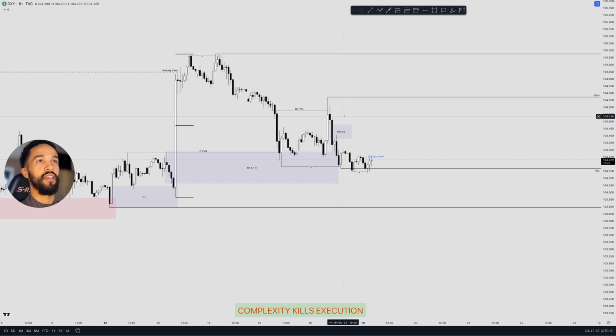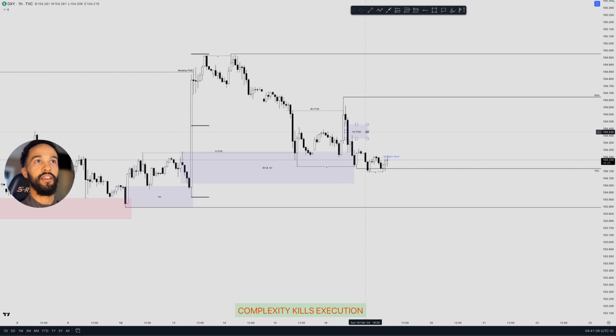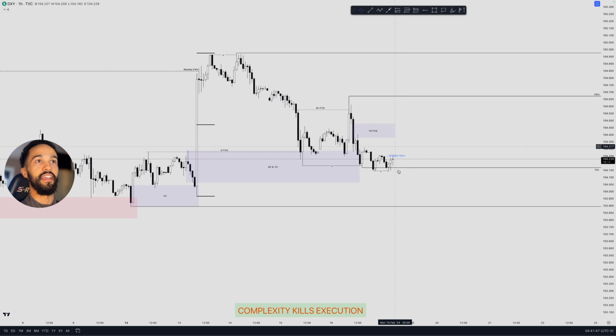So same as on EU, we have this 1 hour fair value gap, which could draw price higher. We could see price come into this area before heading lower if it wishes to, or breaking that area to continue its bullish trend from this higher time frame POI.